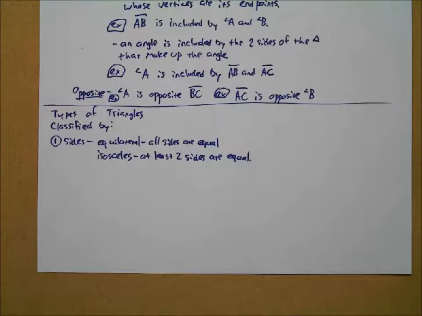In the past, you maybe learned isosceles to be only two equal sides. But with this definition, is an equilateral triangle also considered isosceles? Yes, it would be. At least two sides are equal means that if we have three equal sides, the triangle would also be considered isosceles. Okay?